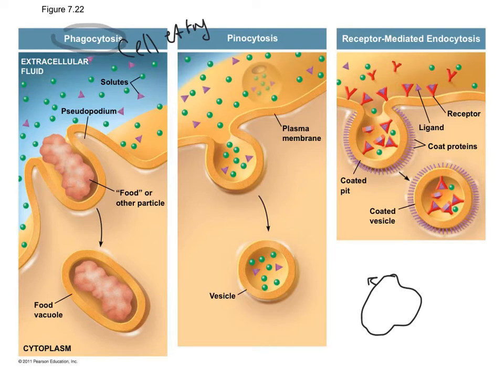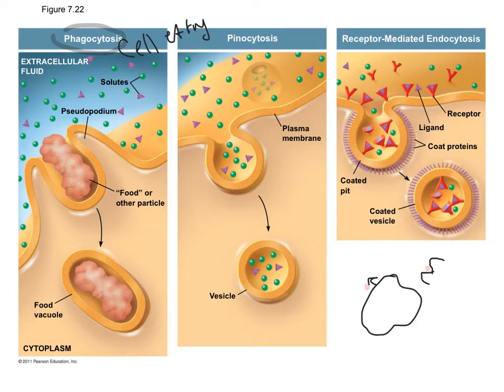Let's just say there is a little red blob, and the cell wants to have that inside it for whatever reason. Let's make that black.